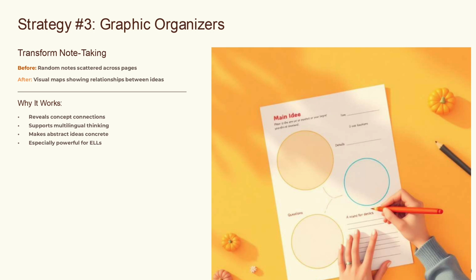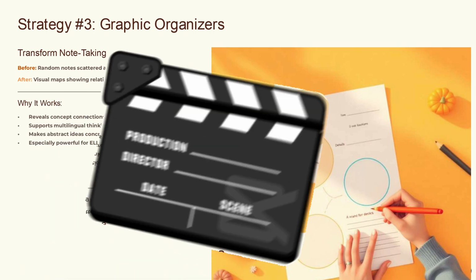For example, in a science unit on ecosystems, one circle might say producers, another consumers, and the third decomposers, with lines showing how energy flows. For English learners, this visual structure bridges language barriers. They can jot keywords or even smaller drawings while processing in both languages. Organizers make abstract ideas visible, concrete, and easy to remember. Perfect scaffolds for later writing or discussion.